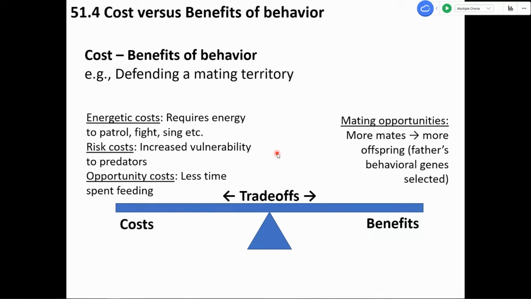But oftentimes those behaviors are going to incur some kind of a cost. For example, there are energetic costs in terms of patrolling your territory, fighting other individuals. Singing has actually been shown to be energetically expensive. There are risk costs.